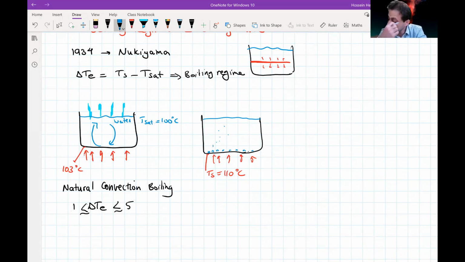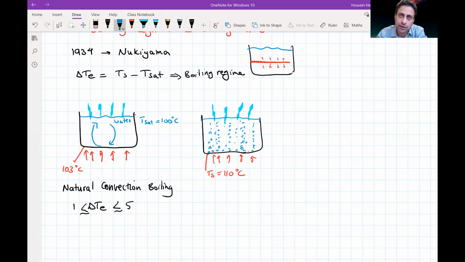But if we go above, let's say a delta T excess of 20 degrees, we are going to see some columns. These bubbles are just rising up, and we see a rapid formation of bubbles everywhere, rising up, and again the vapor phase goes to the outlet.